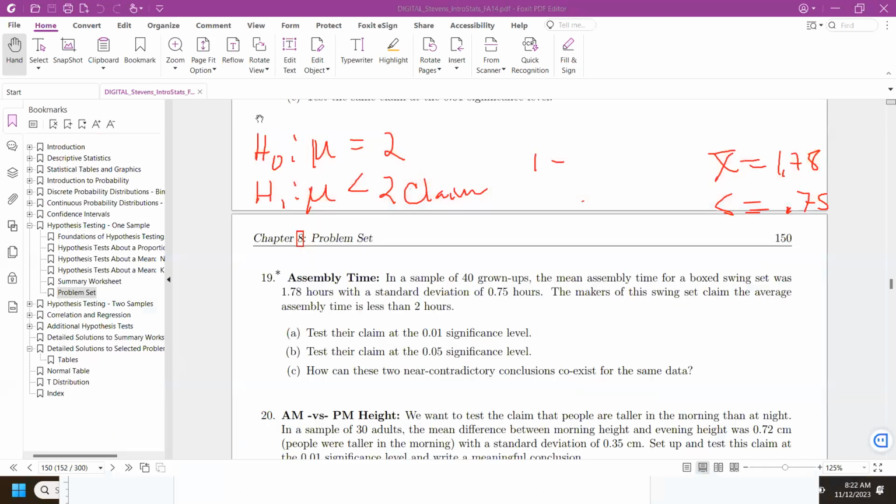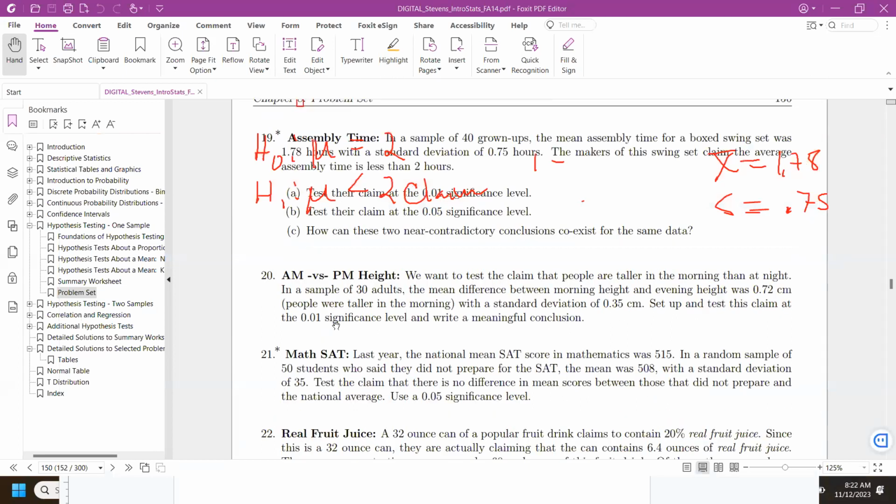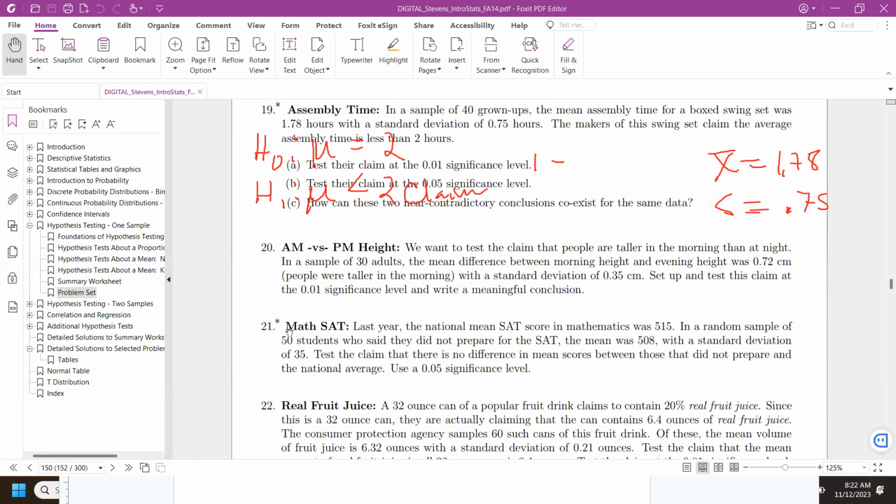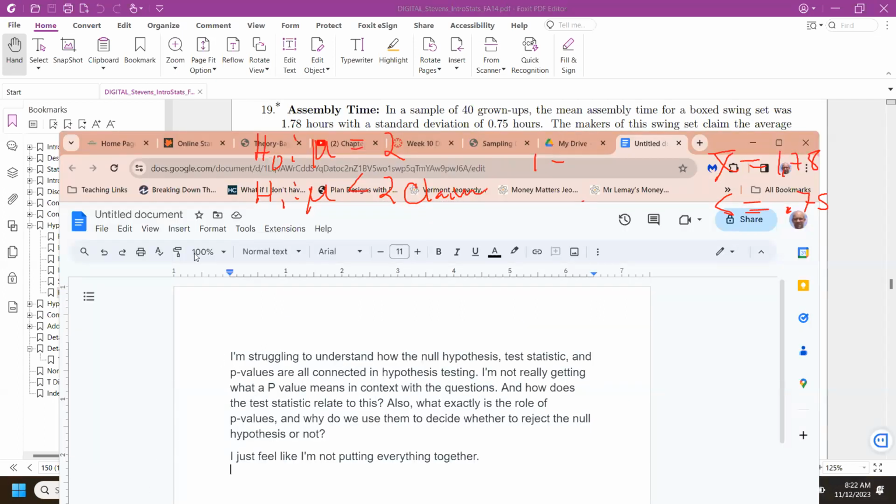Certainly, if you want to look at some work, you can go look at anything with a starred exercise. You can try it and go look at Dr. Stevens, who will throw you the book, the text, the tables, the manual way of doing this versus the applet. But you can certainly run the applet and see if it agrees with his answers. So again, that applet is this Rossman Chance applet.